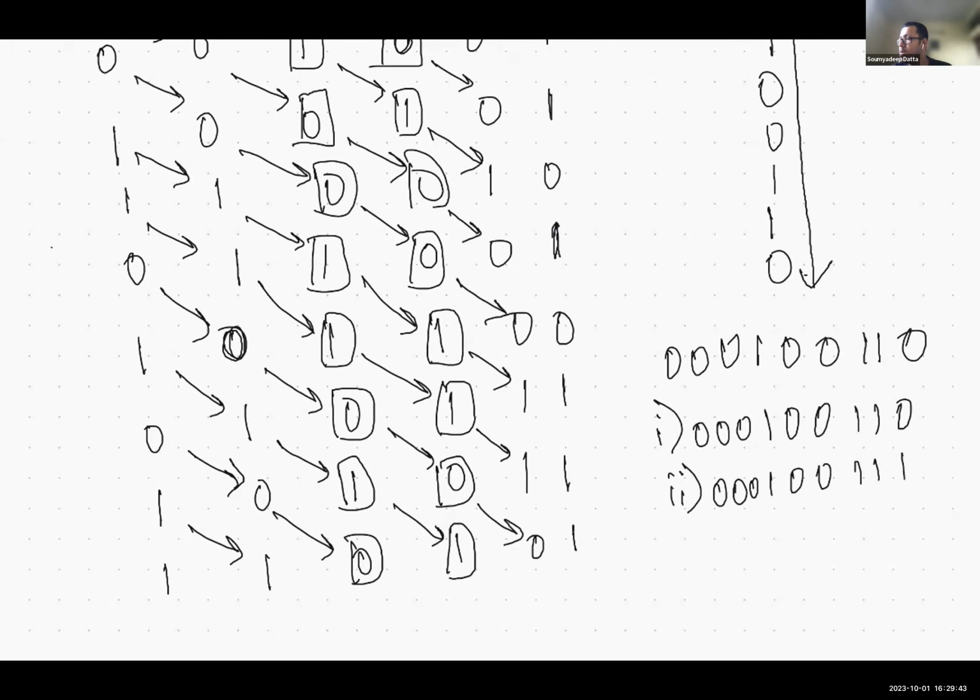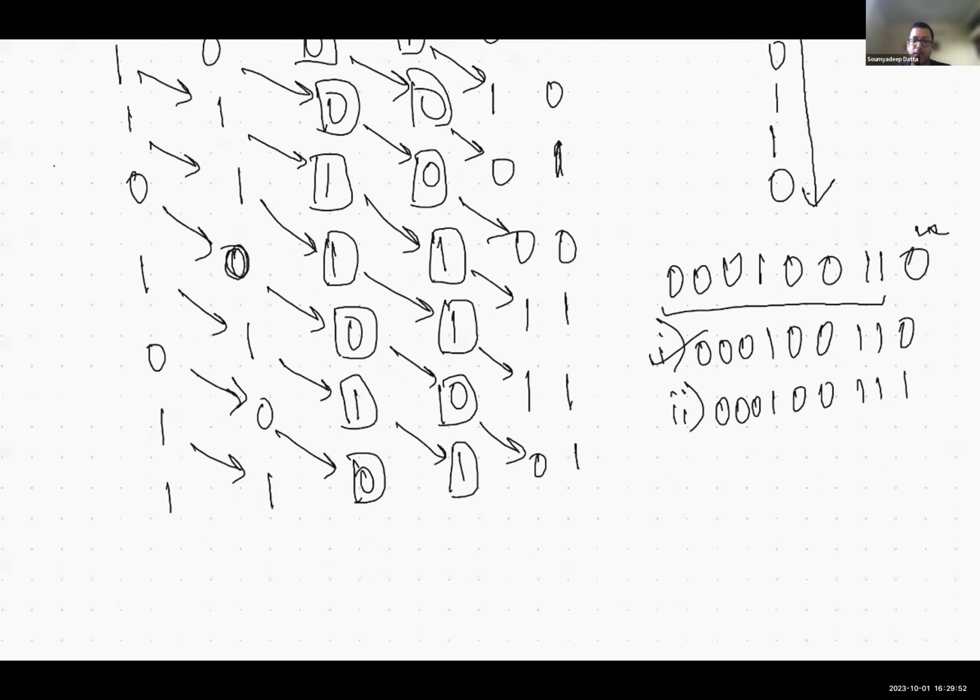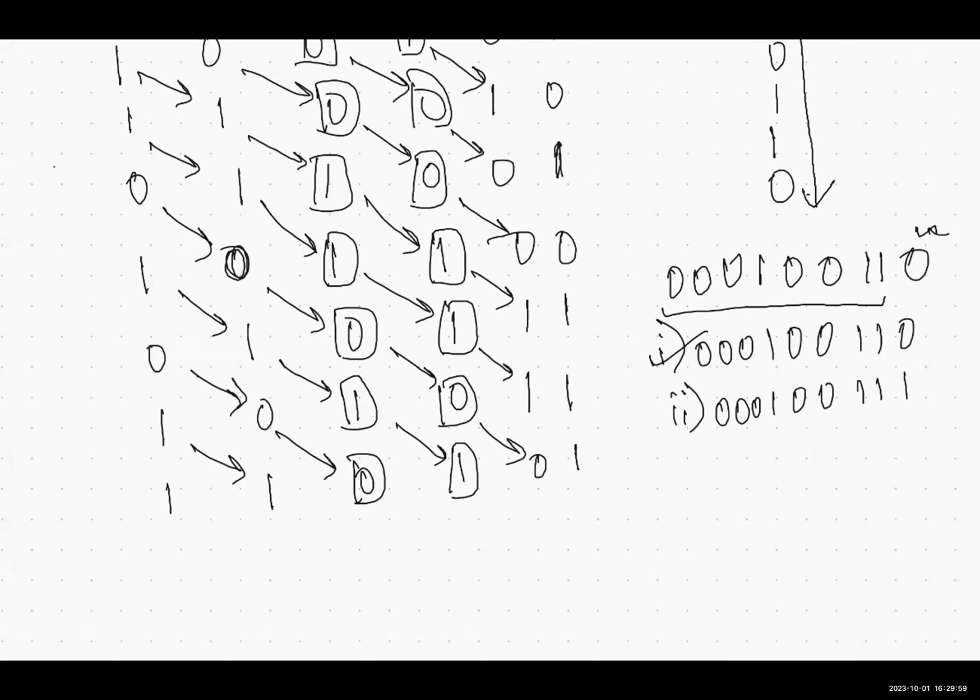You have to go till this bit, and then you can choose option 1. It depends completely on the options. But if the options are simpler, then maybe at 0, 0, 0, 1, 0 itself you find that one of these matches the pattern, and so you write the solution.